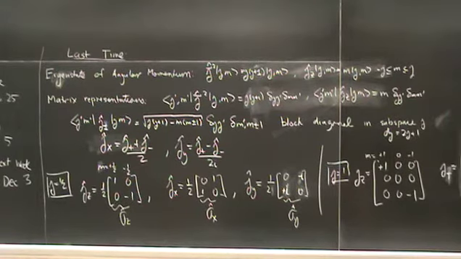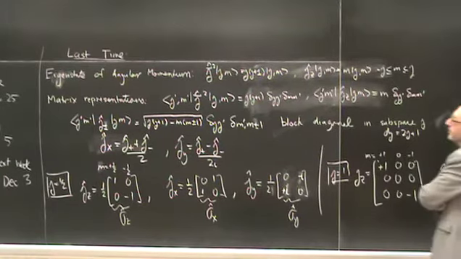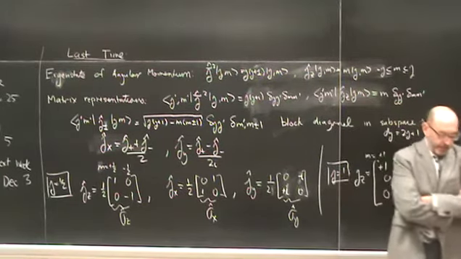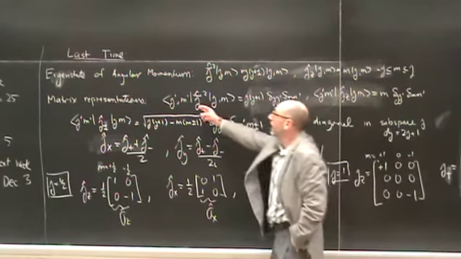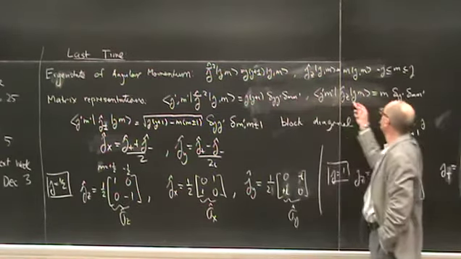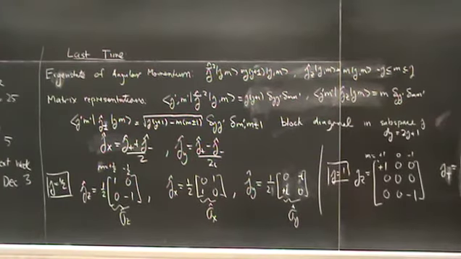And we can look at matrix representations of the components of angular momentum and the magnitude squared of angular momentum in the standard basis. Clearly these operators are diagonal in that basis. They're diagonal matrices. Those are the matrix elements.